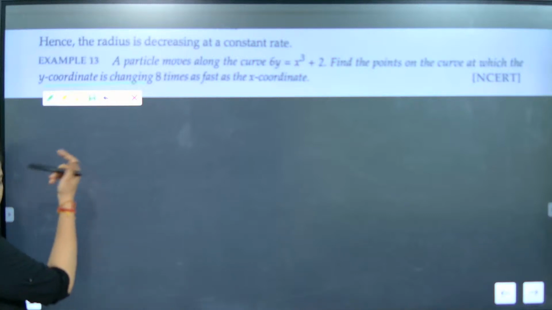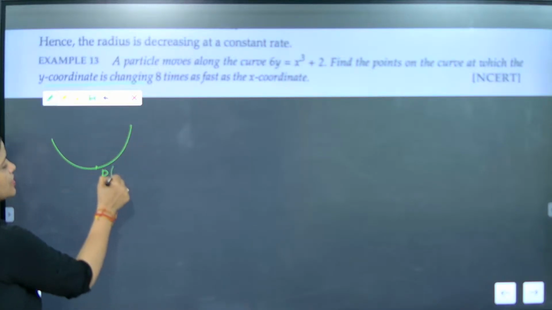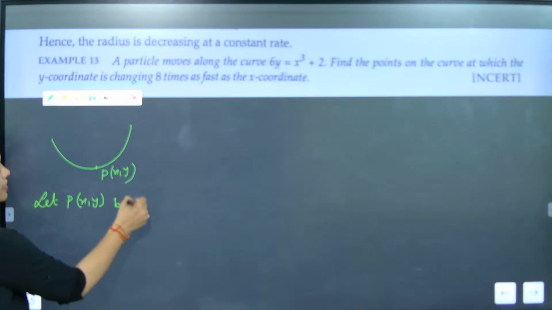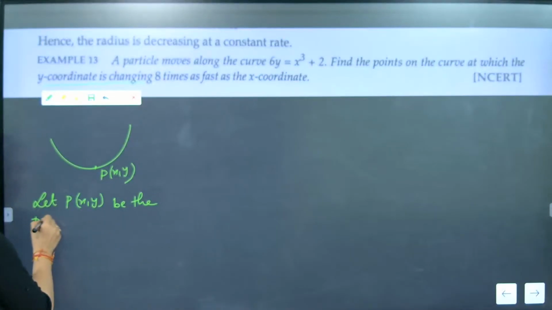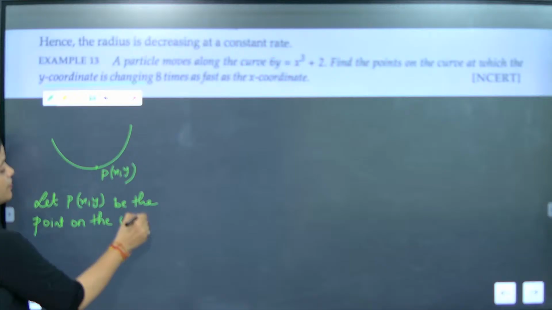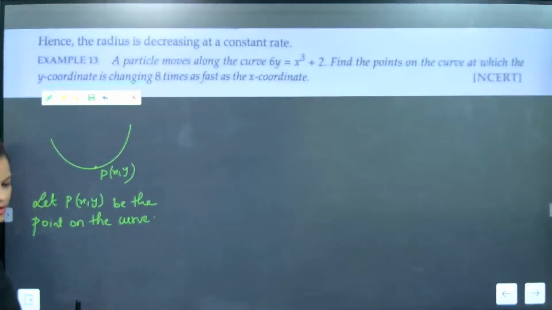So now we are going to write that application. First, we have considered P(x, y) be the point on the curve. Once we have taken this, now we will go for the next one.